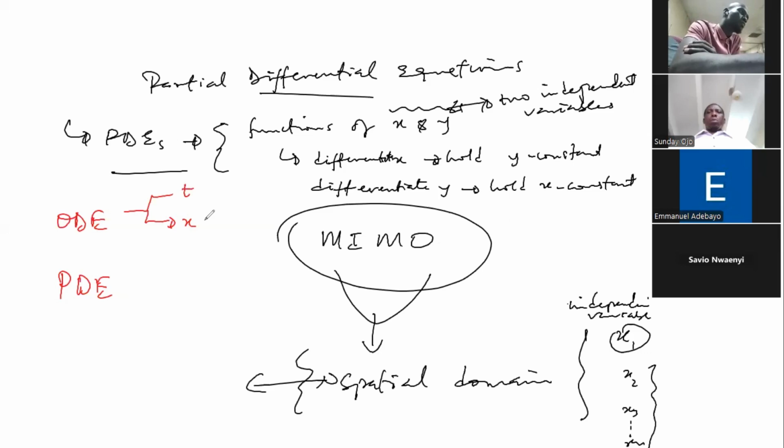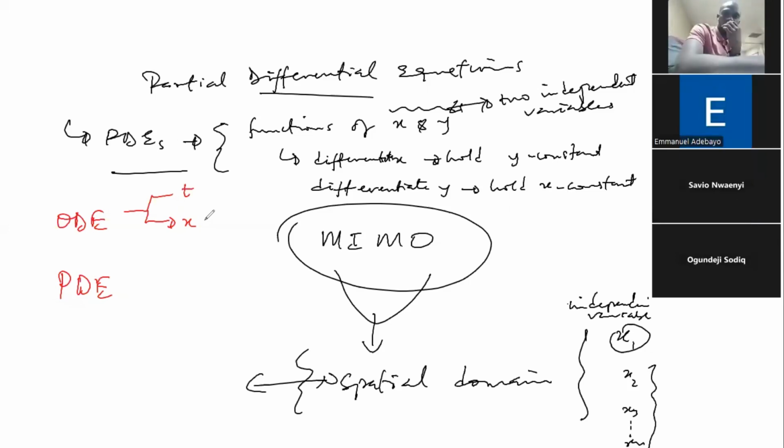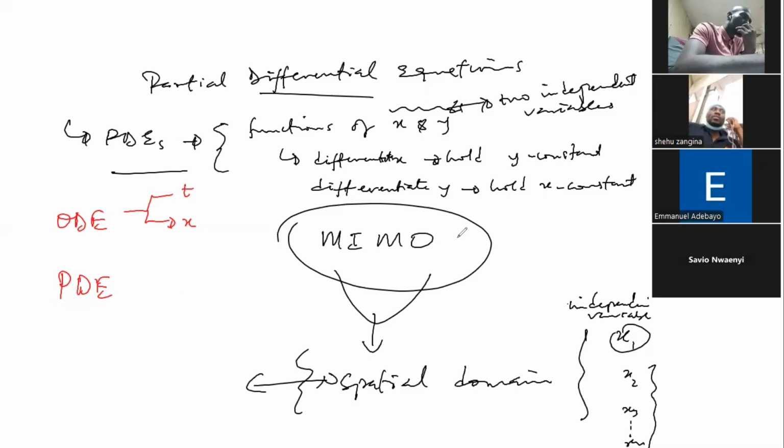So we deal with the differential equation strictly with respect to one of these independent variables, whether dt or dx, one at a time. But what happens if we have to compute a system where we deal with both independent variables at the same time?